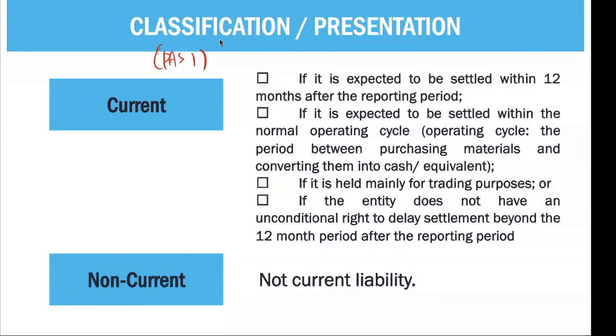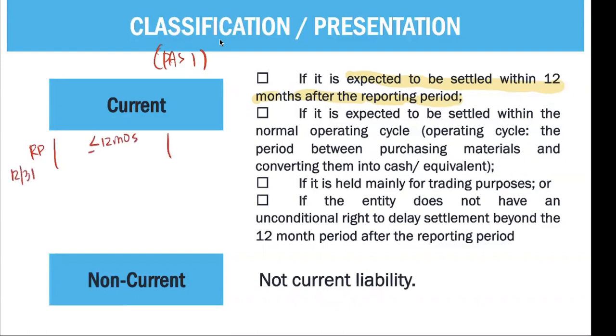A liability is current if it is expected to be settled within 12 months after the reporting period. What you need to look at in this particular item is the reporting period. From the date of the reporting period, this should be less than or equal to 12 months.